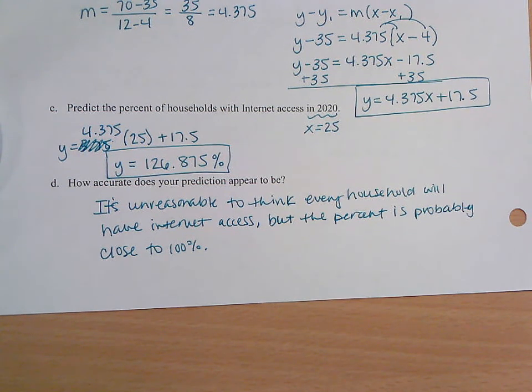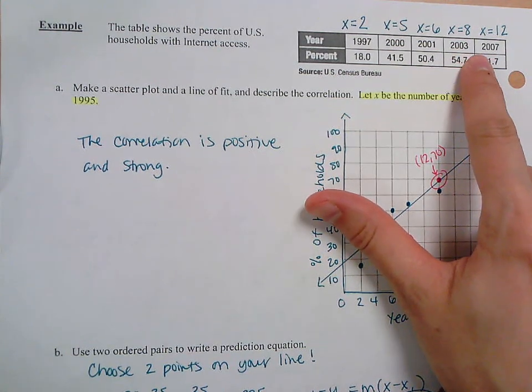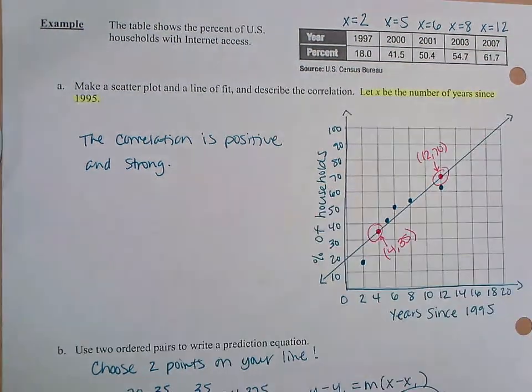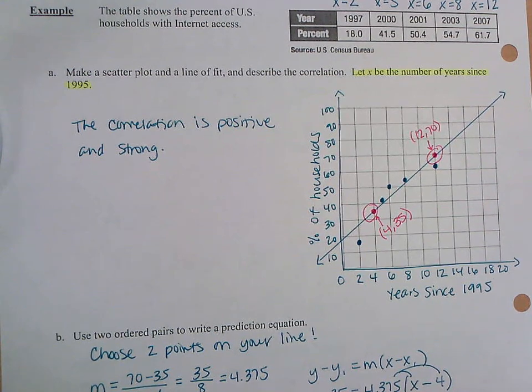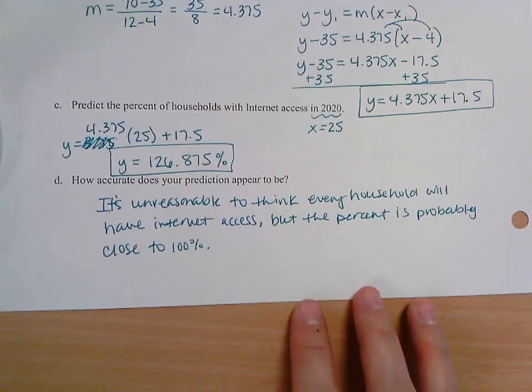The farther out, the less accurate that tends to be, versus if we were predicting how many had it in 2005, because that would be in between these years, that would be interpolation, then that would be a more accurate prediction because it's inside of our data. But the farther out you go, the more iffy it becomes. But it is just a prediction.